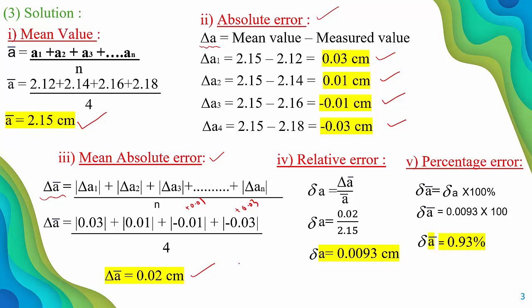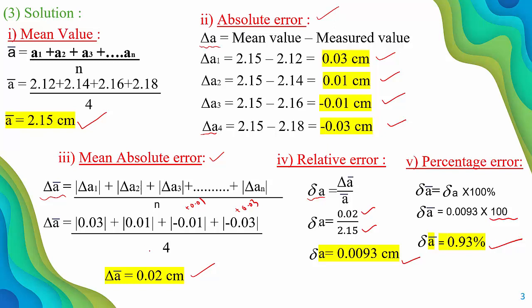Then the fourth question is relative error. Delta A is equal to, we know the equation, delta A bar divided by A bar, that means mean absolute error divided by mean value. Substitute the values here: delta A bar we got 0.02 centimeter, divided by A bar, the mean value, 2.15. Dividing these two values, we get relative error, that is 0.0093 centimeter. When it is multiplied by 100, we get percentage error as 0.93%.